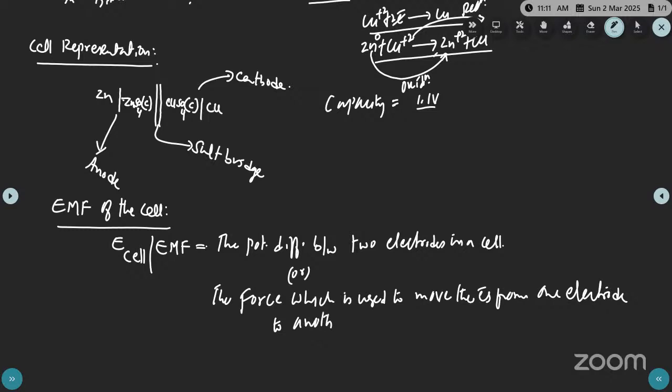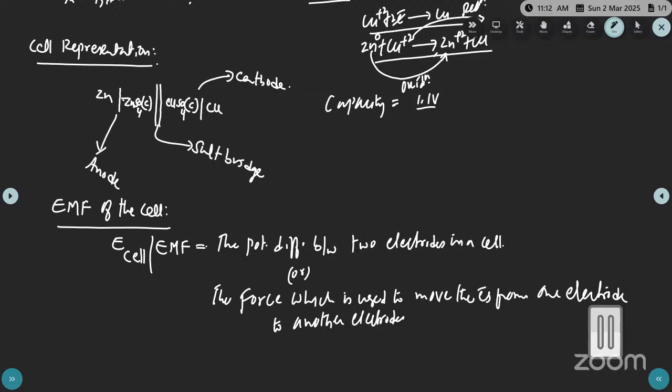In a cell, how many electrodes are there? Two electrodes. The force which is used to move the electrons from one electrode to another electrode is known as EMF.